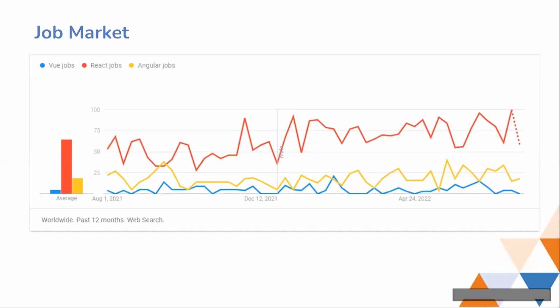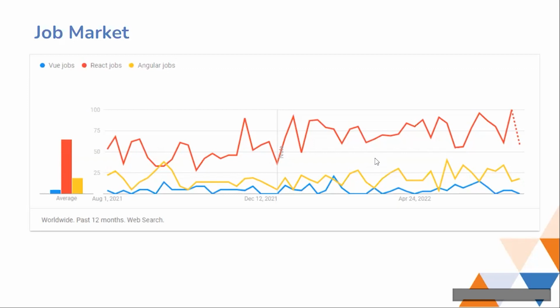If we think about the job market, this is a statistic from Google Analytics. We can see the past 12 months of web search about job markets. Most of the search was for React.js, and Vue was the minimum. Angular also had a good amount of search, but as I already said, the jobs for Angular are now decreasing.